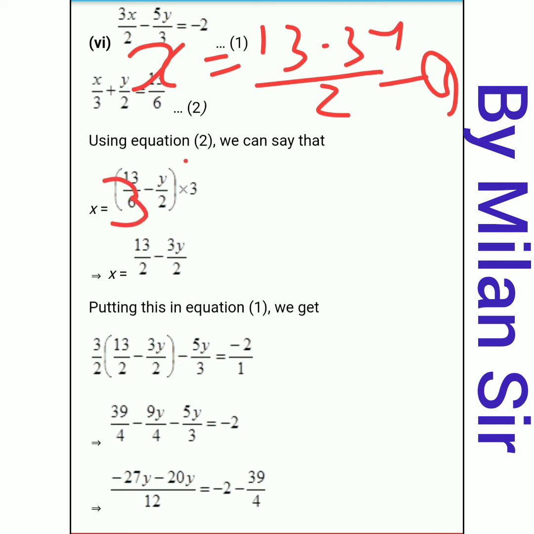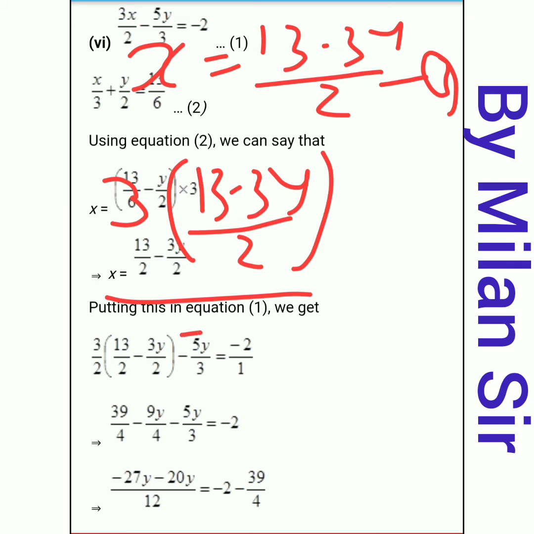Now in place of x, I can write 13 minus 3y upon 2 and divide by 2. Then 5 minus 5y by 3 as it is, minus 2 as it is. So we just put the value of x is equals to 13 minus 3y by 2 in equation number 1.